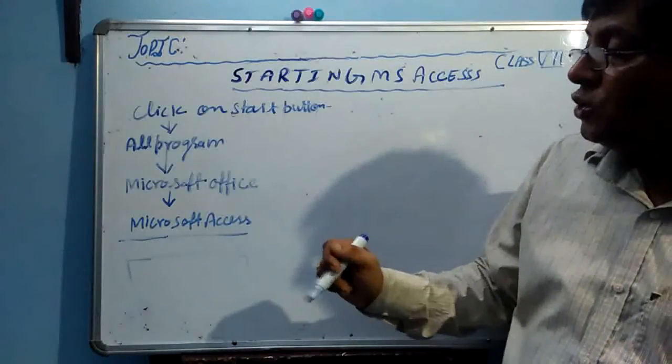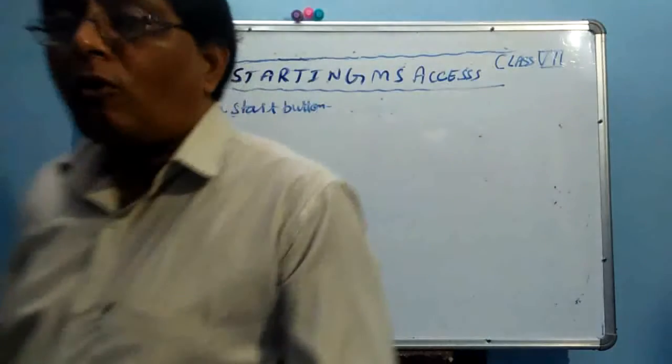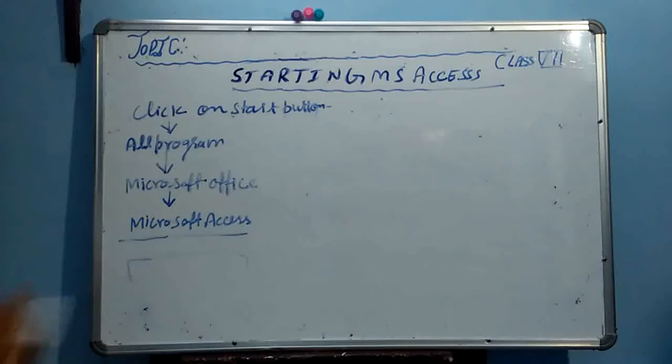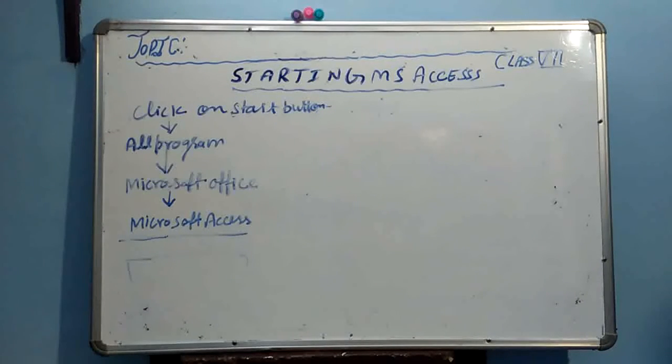So when you click Microsoft Access, there will be two types of database creation. One is creating a blank database, and second is creating a database using a template.